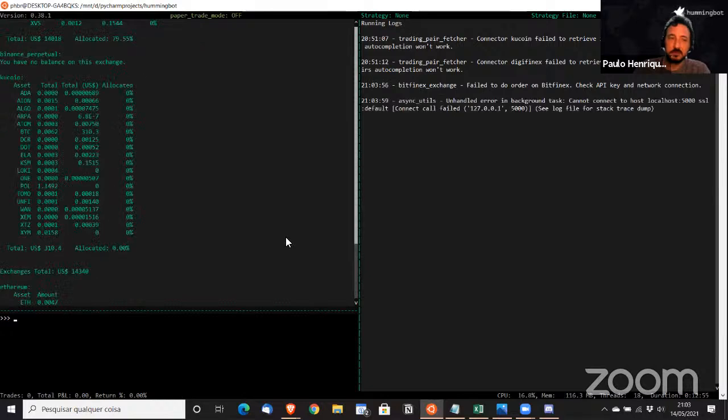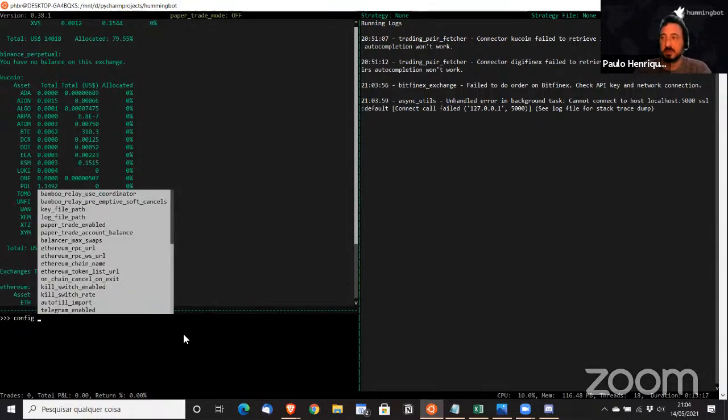It's loading. Okay, so for example, here at KuCoin, it shows the amount of tokens I have and the total value of these tokens in USD. What we can do is, for example, use Brazilian real, since I'm Brazilian, to see how much my balance on the exchange would be in Brazilian real.